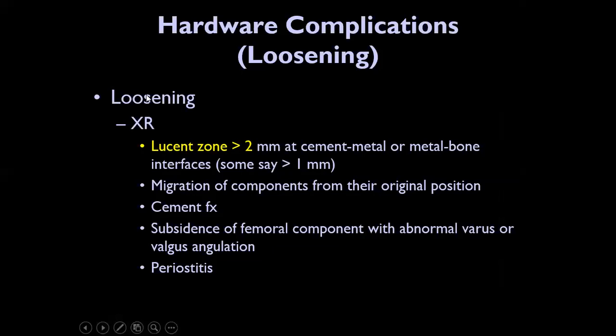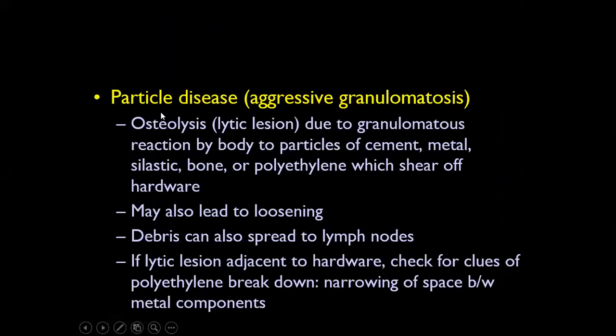So the complications that could be present: the loosening, and the loosening is more than 2 millimeters. Okay, and one of the complications is called migration and cement, or periostitis. So particle disease, which is some sort of aggressive granulomatosis, is presented by a lytic lesion, as we see.